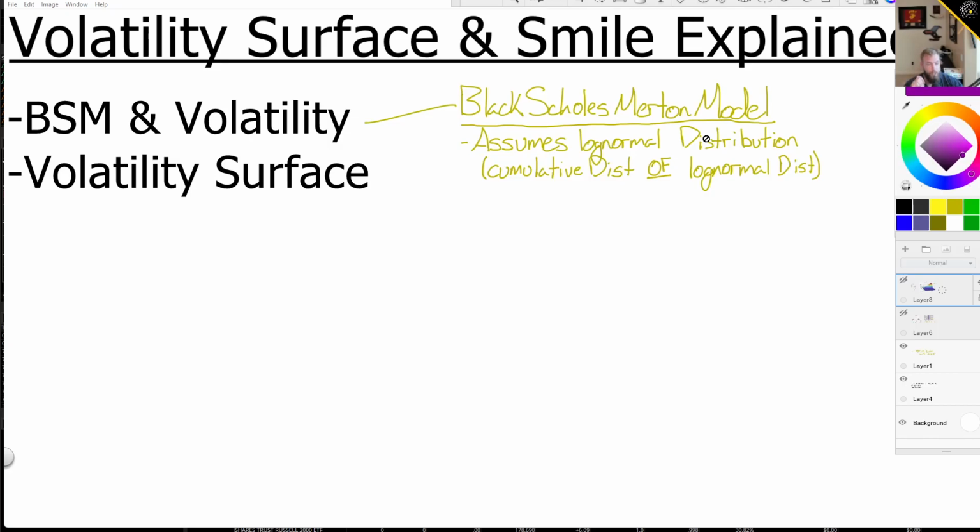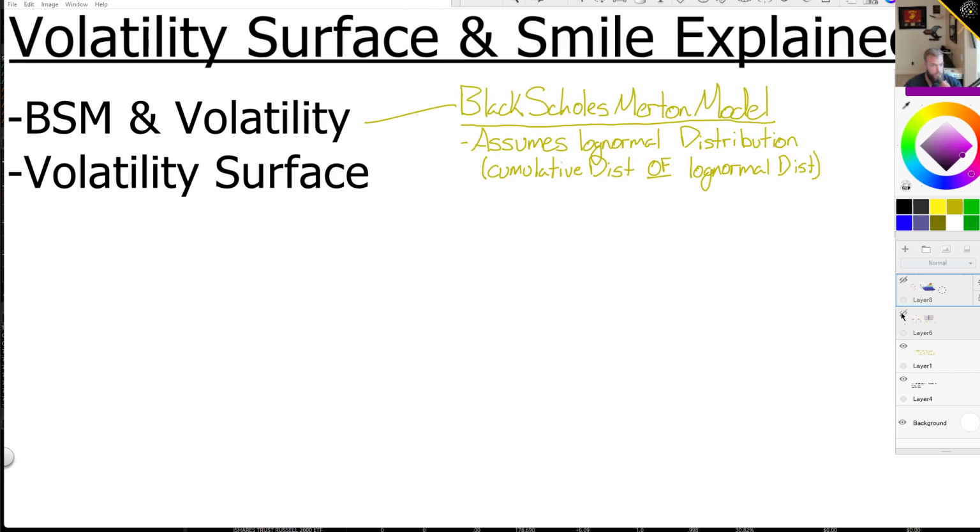I mention that because a log normal distribution can look very different depending on what level of statistics you've taken and how often you use this stuff. So really, when I'm saying log normal or normal distribution in this context, I'm referring to the cumulative distribution of a log normal distribution.